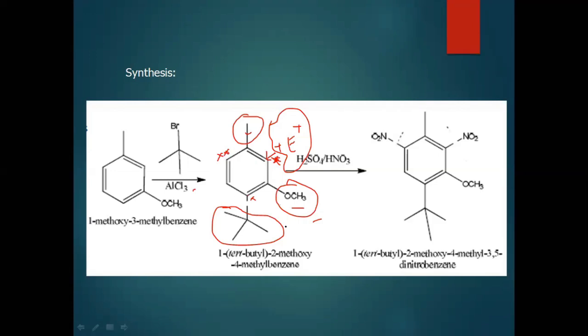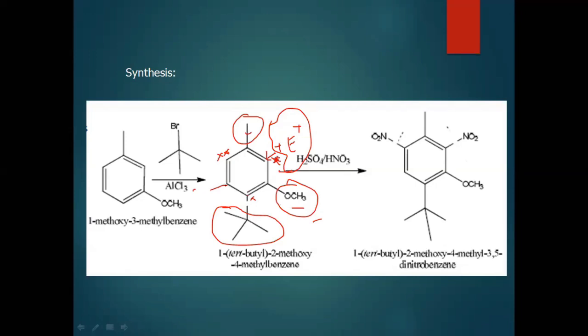That's why you need to first give the priority. You need to look into these two sites whether electrophilic substitution is possible, because this one is slightly ruled out because of steric hindrance and it cannot easily approach this particular site. The first priority you need to give is to the open space, where there is no sterically hindering group already present.